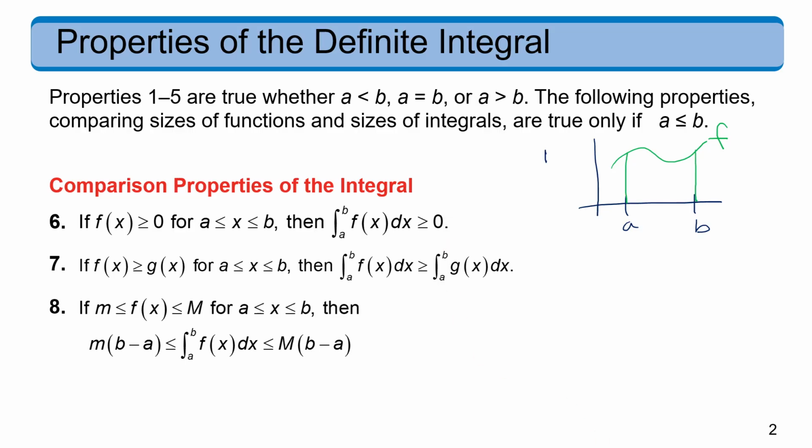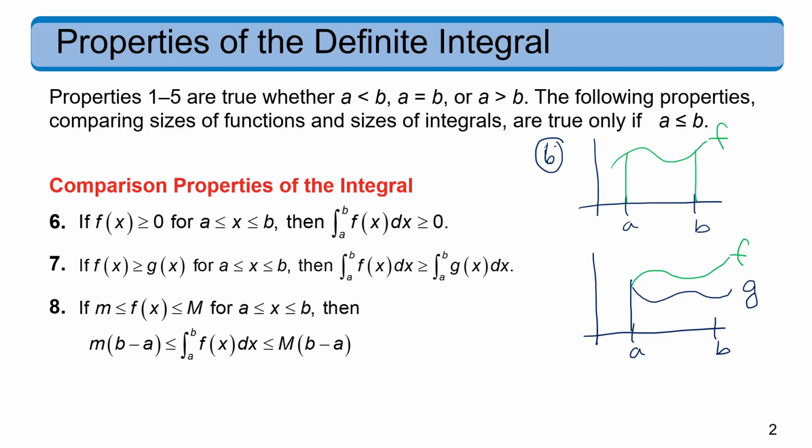Okay, that's property 6. So property 7, we have two functions, f and g, and we've assumed f is greater than or equal to g. Okay, so we've got some function f, and then we've got some other function g that's less than f.